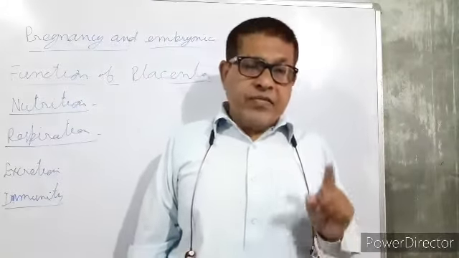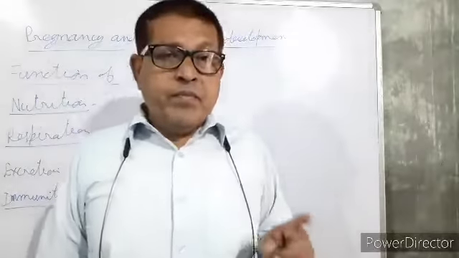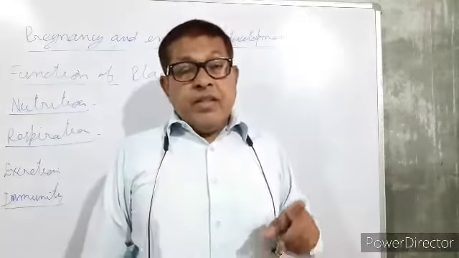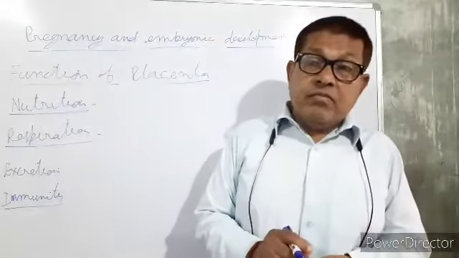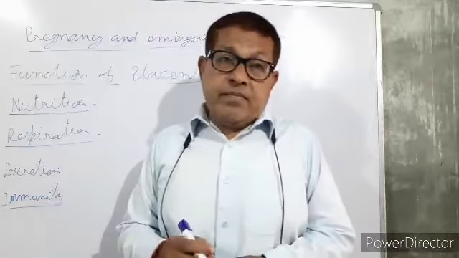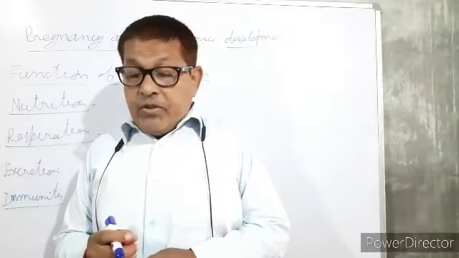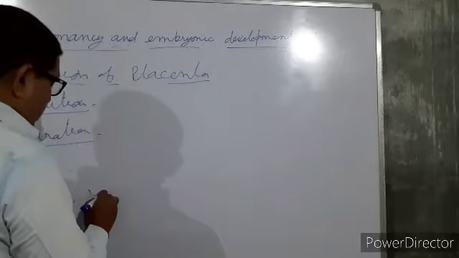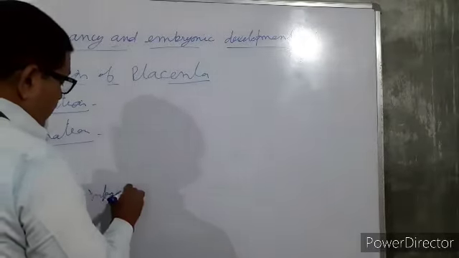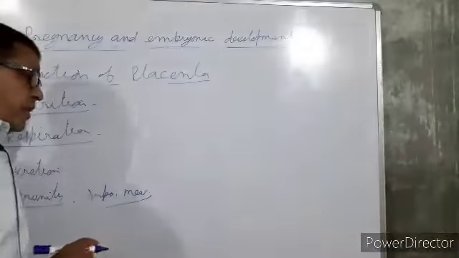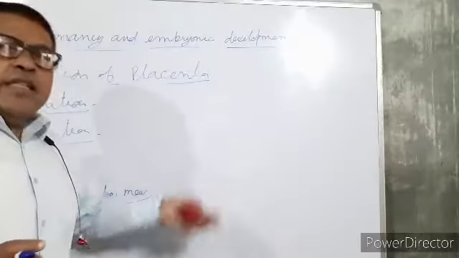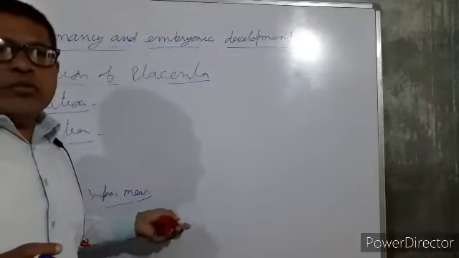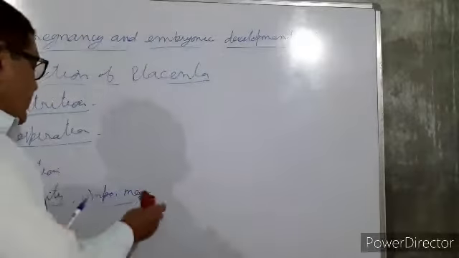So antibodies formed in the blood of the mother are transported into the fetus, and in this way it also gains some immunity, for example against measles, smallpox, etc., for which antibodies are produced in the mother's blood. These antibodies are transferred into the fetus via the placenta.